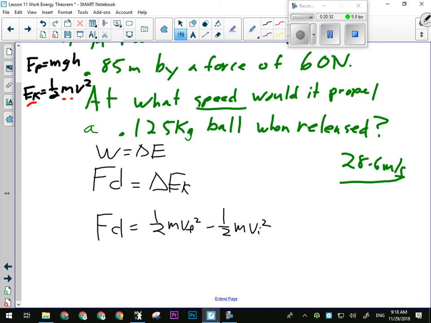Except what was the initial speed? 0. I'm holding the ball in the rubber band. It has no initial speed. So this whole thing right here is 0. So then I'm left with exactly what I had before when we were talking about how long it takes to stop in a school zone.